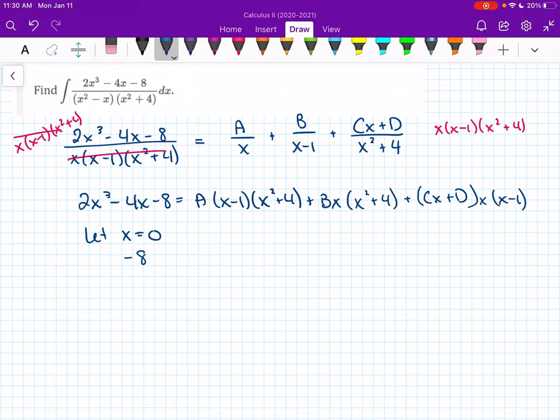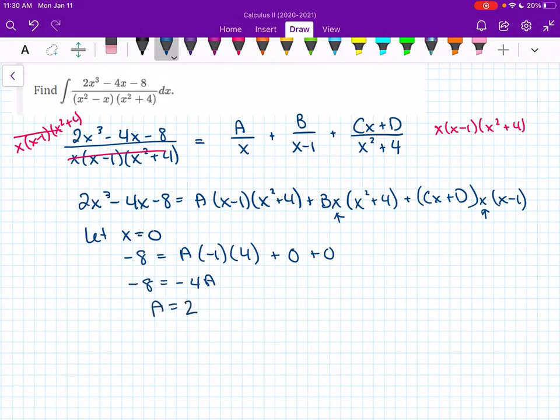On the right-hand side, I get a times negative 1 times 4, plus 0, because I have an x factor in both of those second terms.